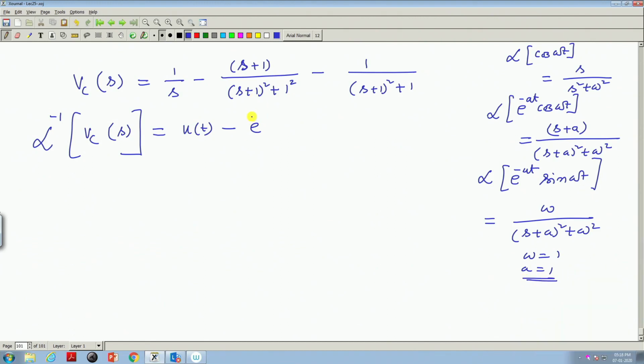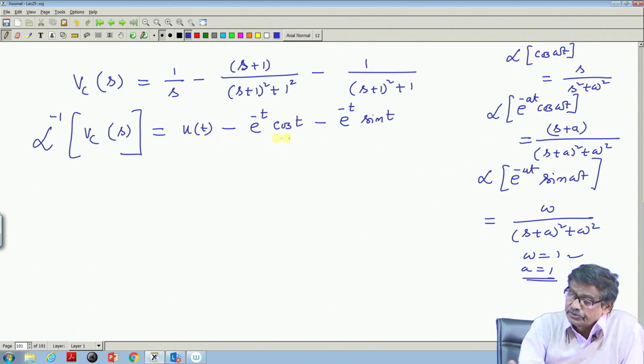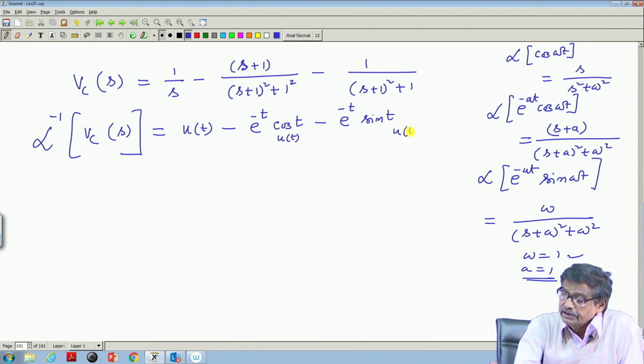So, e to the power minus t into cos omega t, cos t. The second term is e to the power once again minus t into sin t. That is all. And the whole thing is, of course, multiplied by u t.